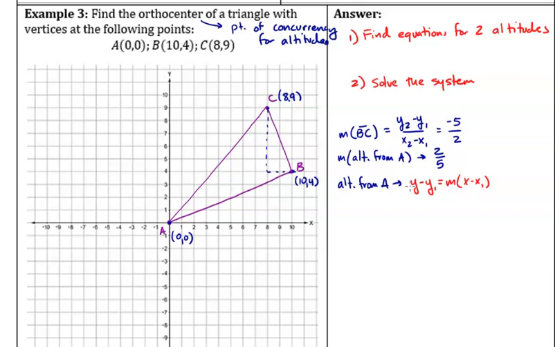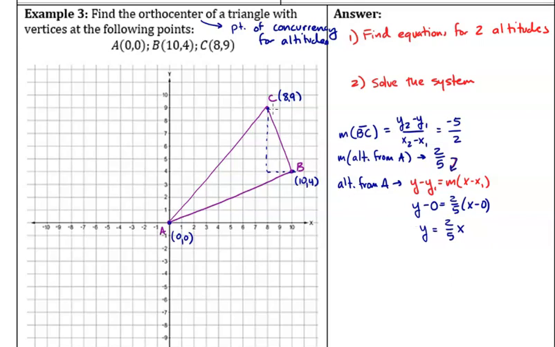The altitude from A contains point A, because altitudes always go through a vertex, and has a slope of 2/5. So my equation for that altitude would say y minus 0 equals 2/5 times x minus 0, because (0, 0) is going to be x1 and y1. If I clean this up, it just says y equals 2/5 x. So that's one of my altitudes. My altitude from A has this equation.